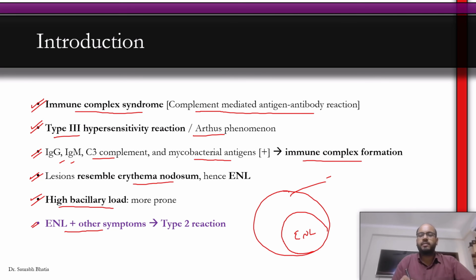So this whole is type 2 reaction. But in normal parlance in our clinical practice, we may use these two terms interchangeably. We can say it's a patient of LL Hansen in ENL. We want to say the patient is in type 2 reaction. But just keep that distinction in mind that ENL is the cutaneous manifestation. Along with all the symptoms, you call it type 2 lepra reaction. Okay, let's move forward.